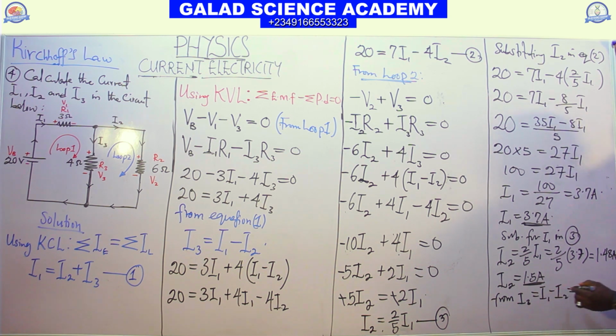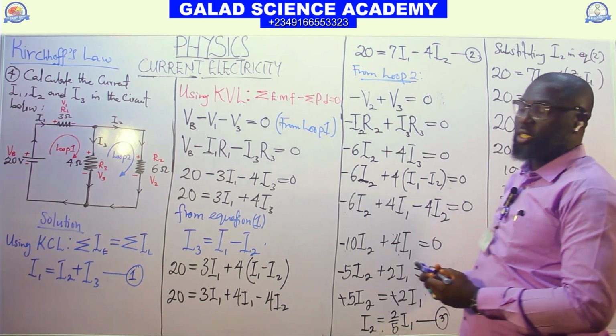What is I1? 3.7 ampere. What is I2? 1.5 ampere. That will be 2.2. Therefore, I3 will be 2.2 ampere. So if we add I3 and I2 together, it gives you I1.